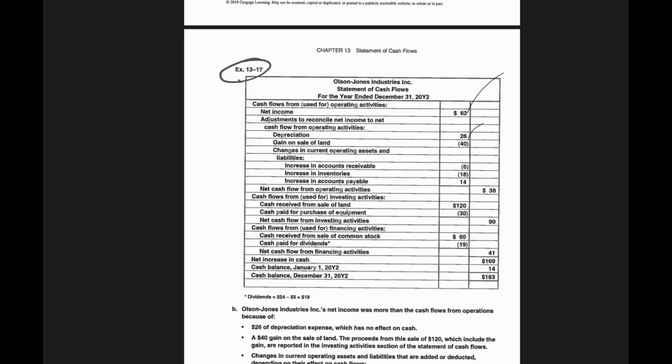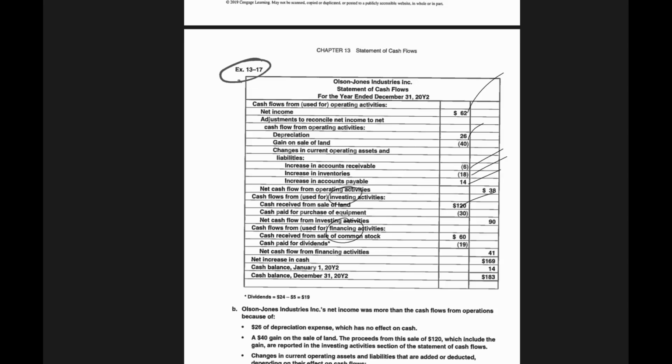Sold for $120. So that means there's a gain. Then we look at all of the changes in our current assets and current liabilities. And in this case, there is AR, inventory, and AP. The rest of the changes here that we're going to record are either in the investing section or the financing.